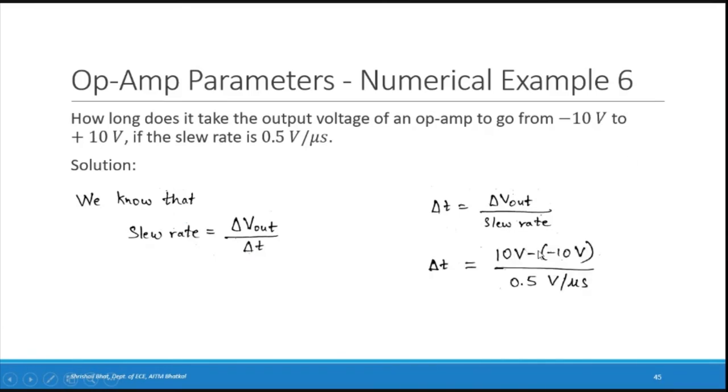Plus 10 minus of minus 10 is 10 plus 10, 20, divided by 0.5. Here it is volts, here it is volts per microsecond, so the unit of time will be microseconds. 20 divided by 0.5 is 40 microseconds. That's the time taken.